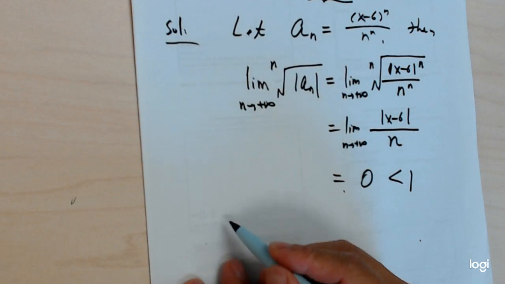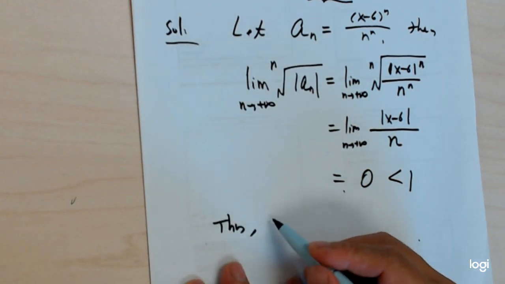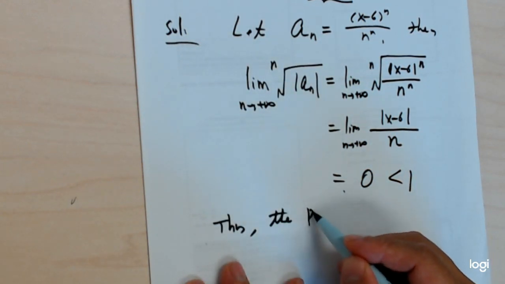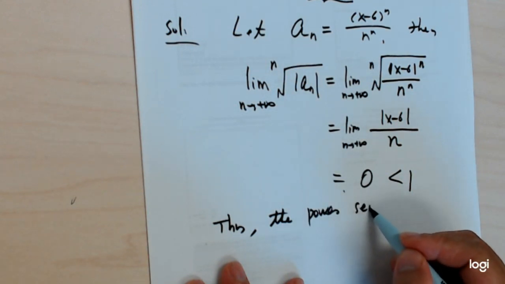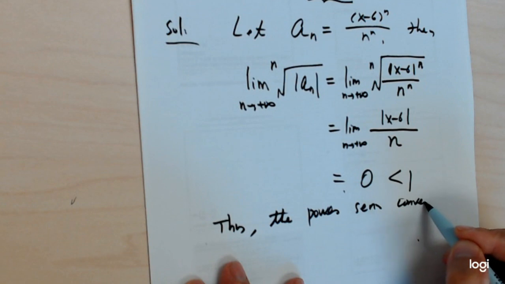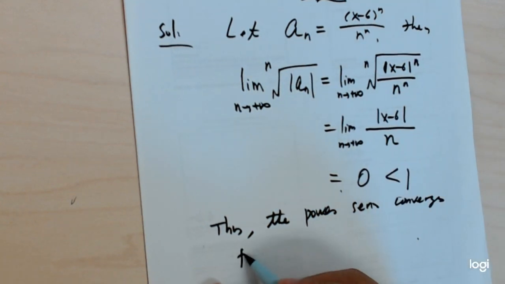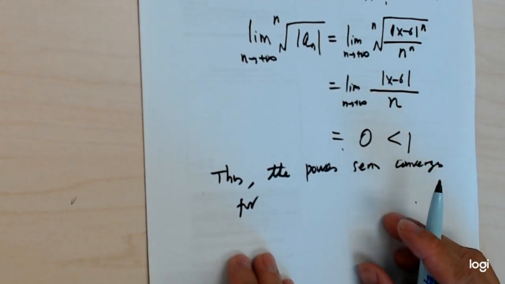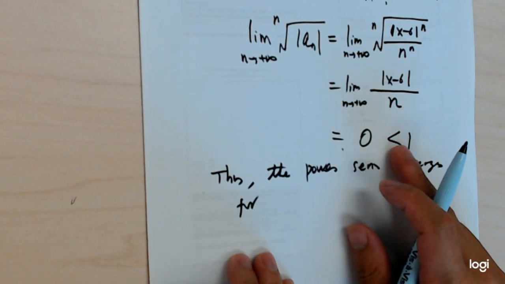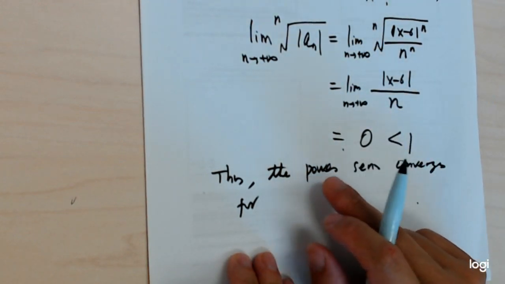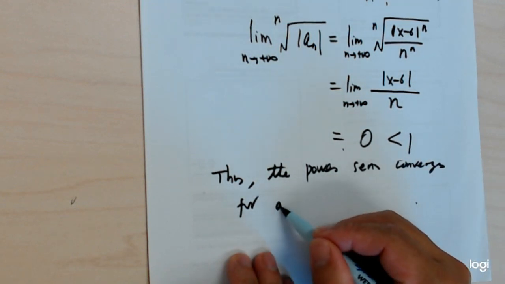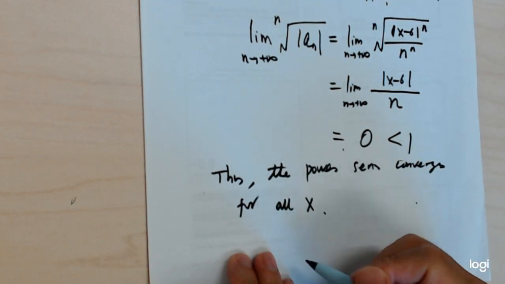What does that mean? That means this power series converges for what kind of x? The limit is always less than 1, no matter what your x is. That's why we say the power series converges for all x.